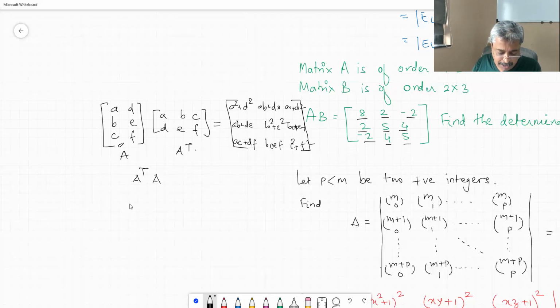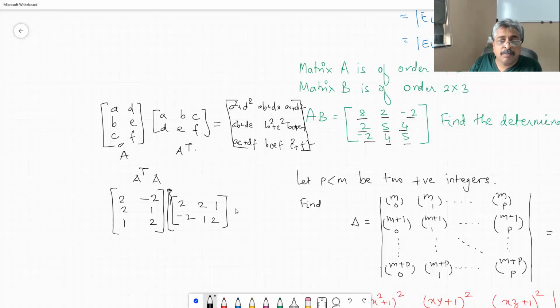So after a couple of tries, you end up getting [2, 1, -2; 1, 2] multiplied by [2, 1, -2; 1, 2]. Makes it desired 8, 2, -2, 2, 5, 4, -2, 4, 5.